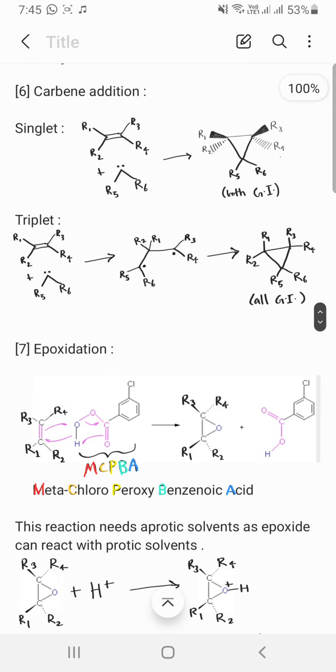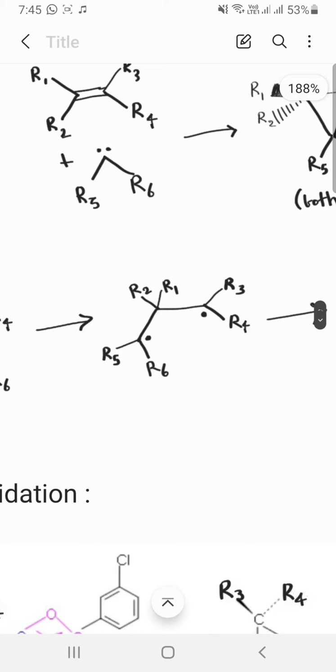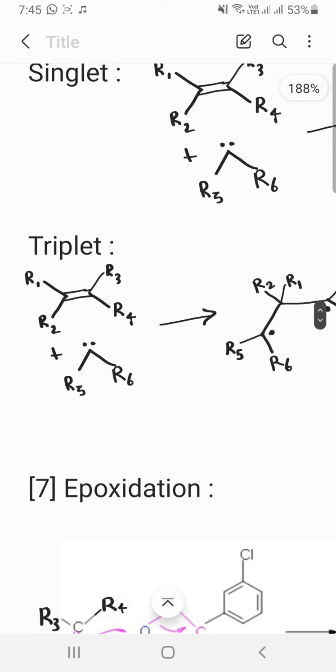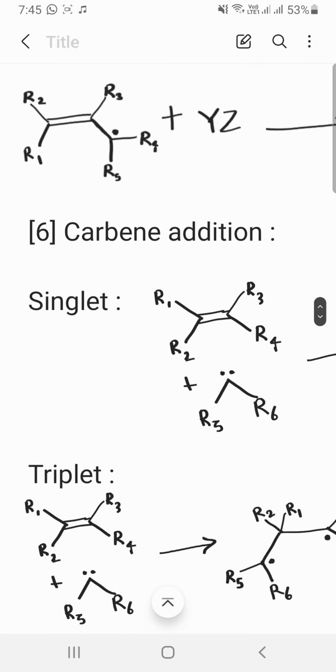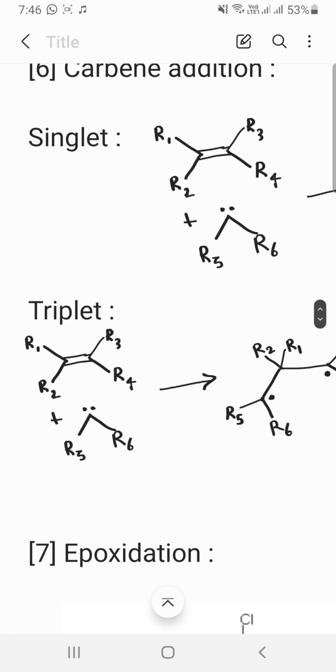Okay, carbene addition. So this is a good thing you should know, that triplet carbenes have the electrons in different orbitals, so they need not be paired basically. So what can happen is that these electrons will be unpaired because of that maximum multiplicity rule, or whatever that thing is called.